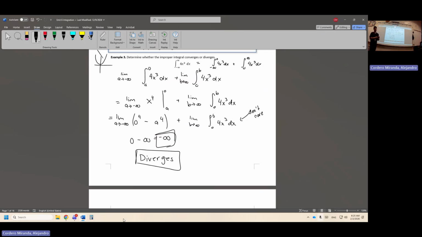Okay. And then we're done with that one, but just to make you think a little bit, 4x cubed, you may or may not remember that looks like this. So maybe this result kind of bothers you.